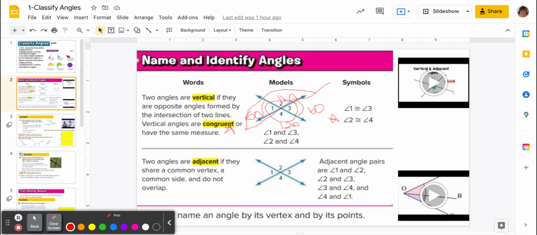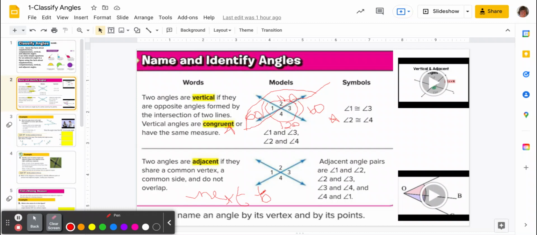Vocabulary word number 2, adjacent. Two angles are adjacent if they share a common vertex, a common side, and do not overlap. So the word adjacent can actually mean next to. So two angles are adjacent if they are next to each other.